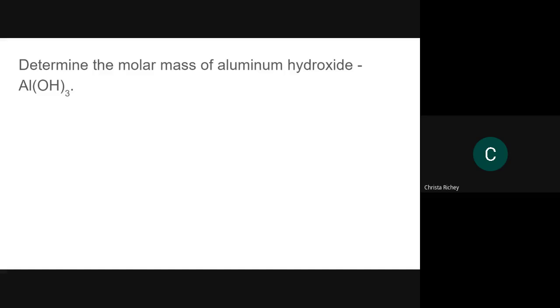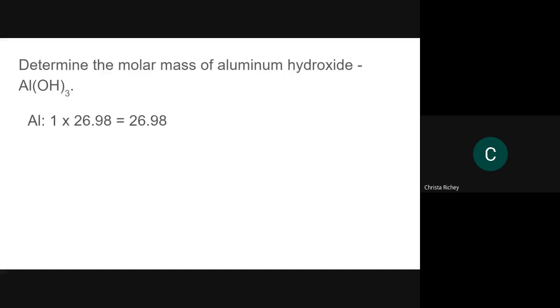This is aluminum hydroxide. How do you calculate the mass for 1 mole of this compound? What do you do? Multiply it by the mass that's on the periodic table. So aluminum, there's 1 of them.